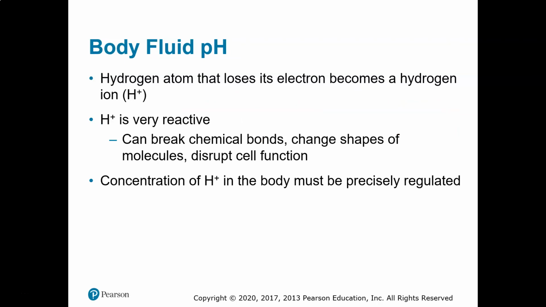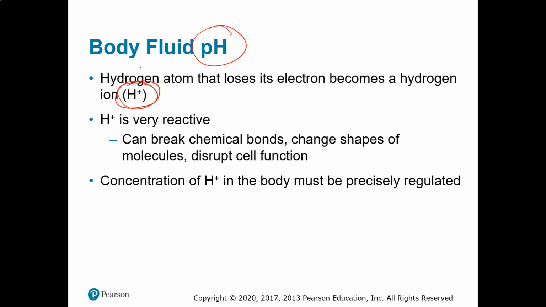faster. Okay, pH. If it's a low pH, it means the solution is more acidic. And if it's a high pH, the solution is more basic or alkaline. Hydrogen atoms, when they lose their electron, become hydrogen ions.